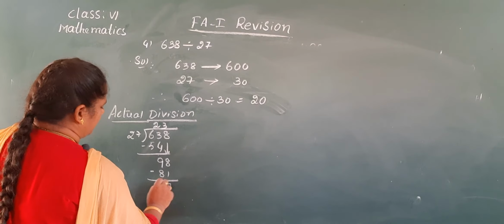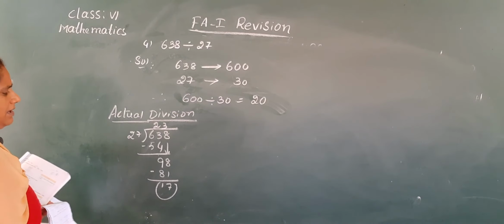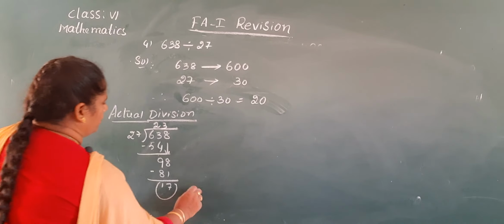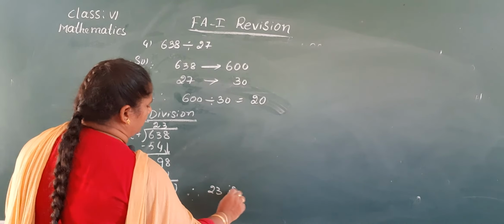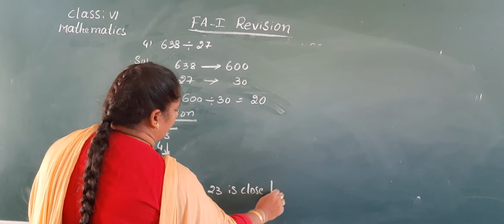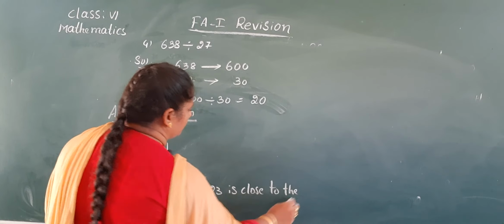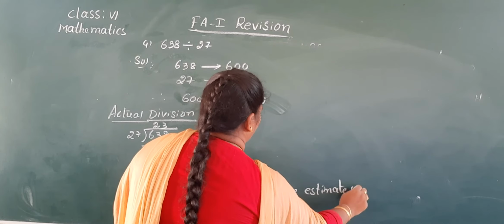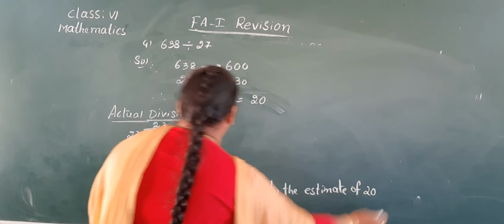So 17 is the remainder. Okay, ma? Here the quotient is 23. So therefore 23 is close to the estimate of 20. Okay, ma?